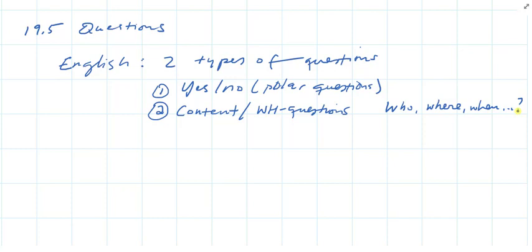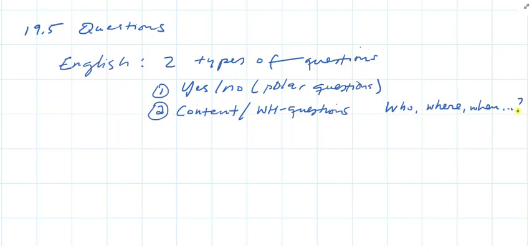So if I say something like, who loves Hebrew? Who loves Hebrew? I'm questioning the subject constituent. What subject out there loves Hebrew? And the answer is not yes or no, right? The answer is John loves Hebrew, or Mary loves Hebrew, or Joseph loves Hebrew, okay?